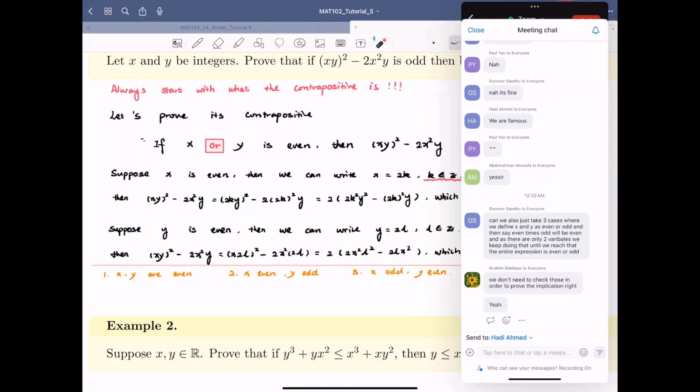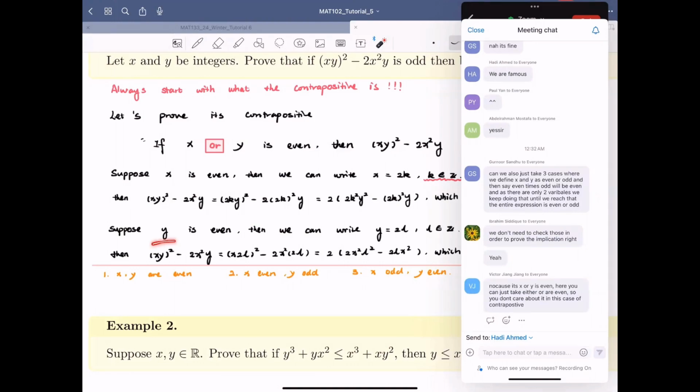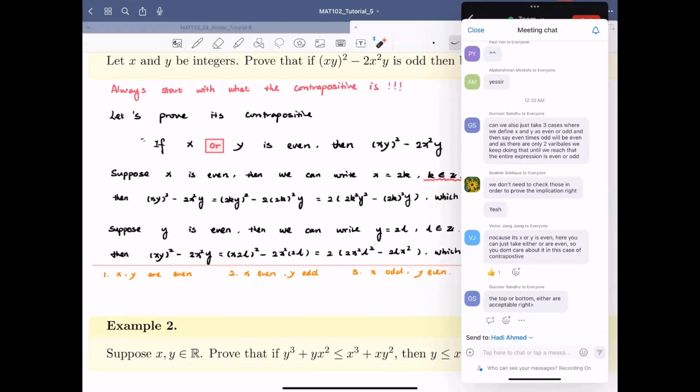If you don't set up both for each of the cases, then you only have 2 cases: x is even, where y can be anything, or y is even, where x can be anything. Yes, that's correct. So it really is up to you. Either the black one or the orange one. But if you choose to do the orange one, you have to discuss all 3 cases. Make sense?